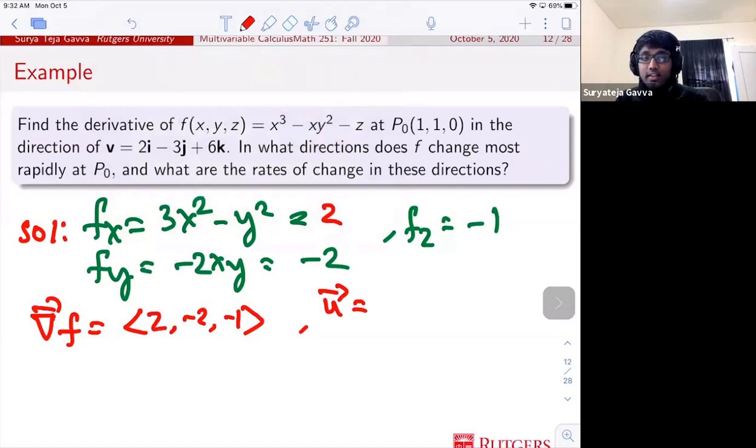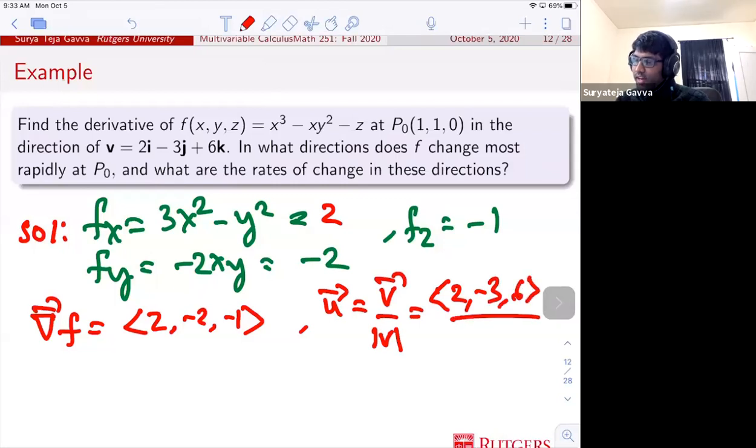So, and the direction of the vector u. Can you tell me what is the direction of the vector u? So v is given by (2, minus 3, 6). So the direction would be just v over the magnitude. (2, minus 3, 6) is the vector, and you have to divide by the magnitude, which is the square root of 2 squared plus 3 squared plus 6 squared.